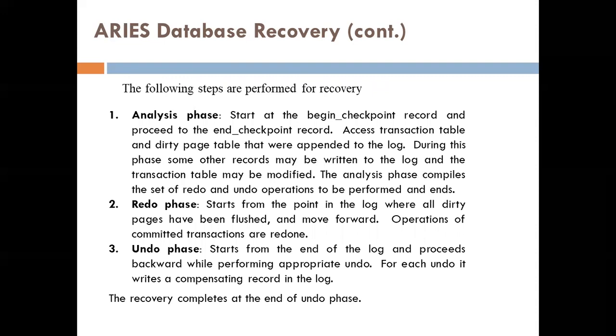In the analysis phase, it compiles a set of redo and undo operations that have to be performed. By looking at all those checkpoint log files, the transaction log file and all the tables that are maintained, this algorithm will determine which operations have to be redone and which operations have to be undone.